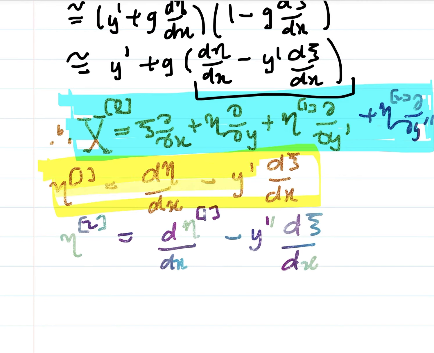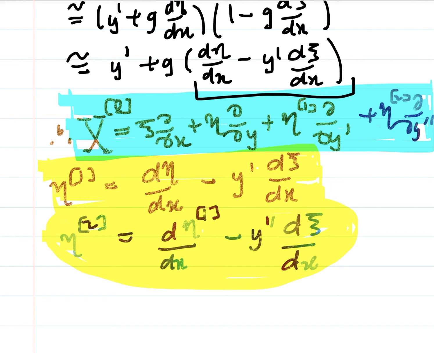There's the eta 1, and the eta 2 is given by this function here. And now we can speak about invariant functions.